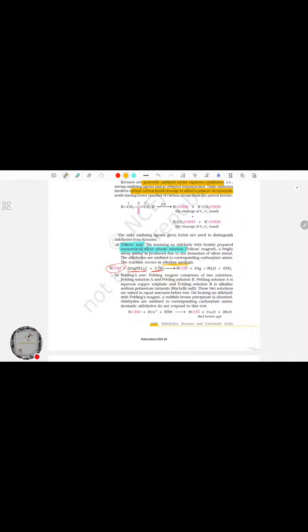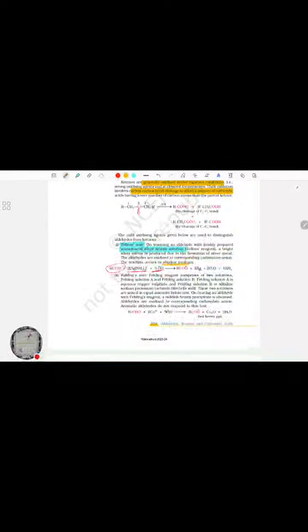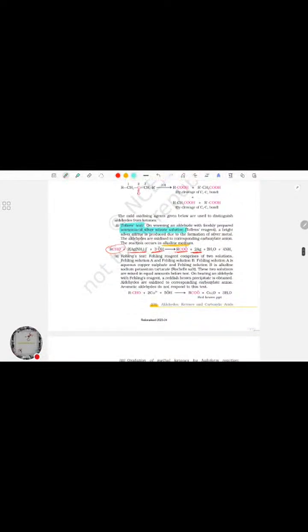So when ammoniacal silver nitrate solution reacts with the aldehyde in alkaline medium, we obtain the formation of silver metal. Formation of RCOO minus, and then I'm obtaining silver formation, and that's all about it. Next I have Fehling's solution.